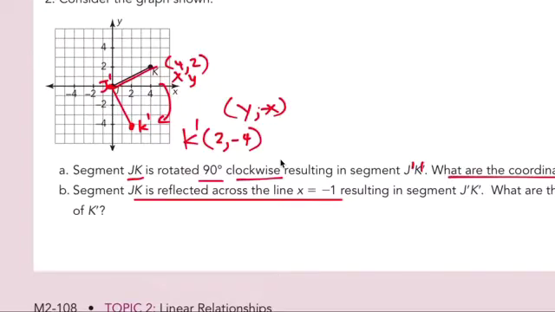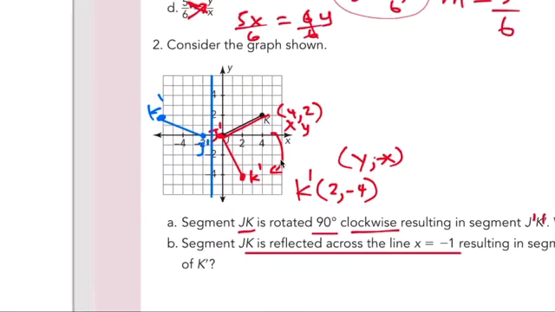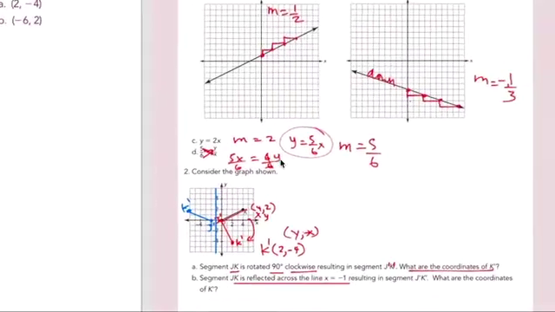Okay. X equals negative 1 is right here. Reflect over that. So J prime would be here. And K is 5 away, so K prime is 5 away over here. There you go. Hopefully you remember that.